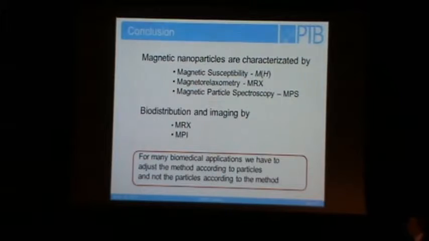So there's of course good reason to adjust or to find the best tracers for MPI and other methods, but in some cases the particles are there and they are adjusted to the application, and what we physicists and technicians have to do in that case is that we have to adjust or modify at least our method so we can make images of these particles, no matter if they are the best particles or best tracers for MPI or whatever.